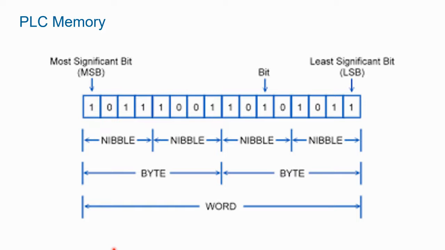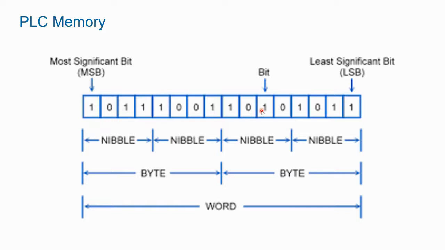But to review or introduce some of the terminology here, at the very smallest, the smallest thing is the bit. This is just an individual bit. It's either a 0 or a 1.